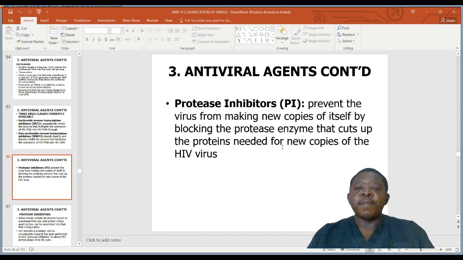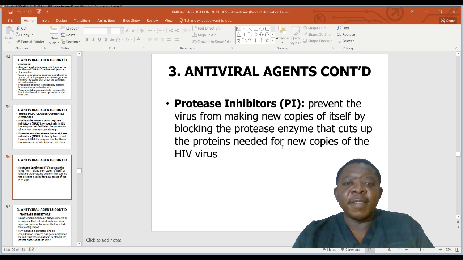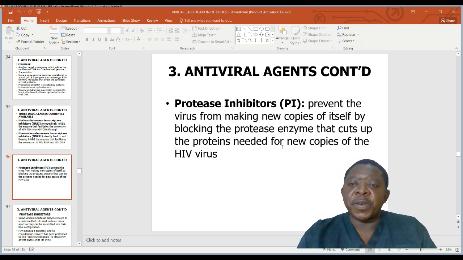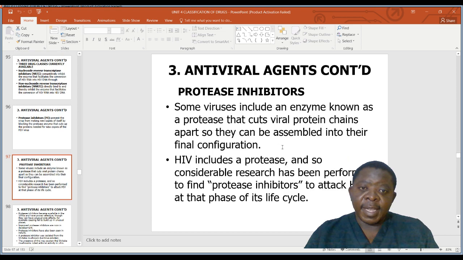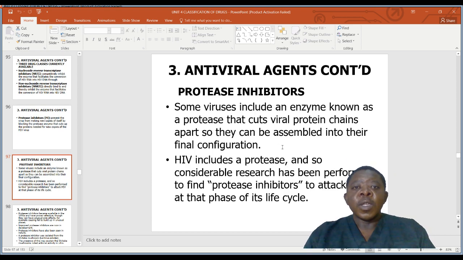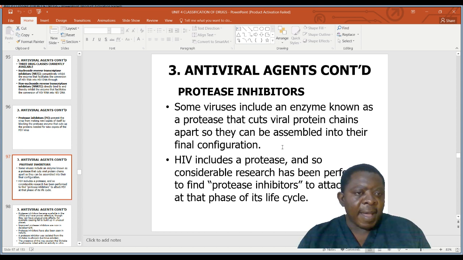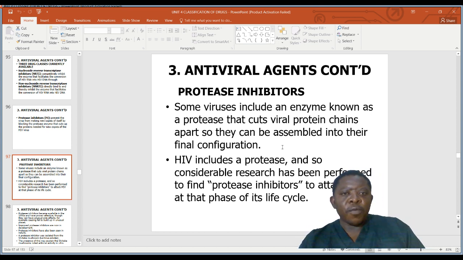Then the protease inhibitors prevent the virus from making new copies of itself by blocking the protease enzyme that cuts up the proteins needed for new copies of the HIV virus. Some viruses include an enzyme known as a protease that cuts viral protein into parts so they can be assembled into their final configuration.